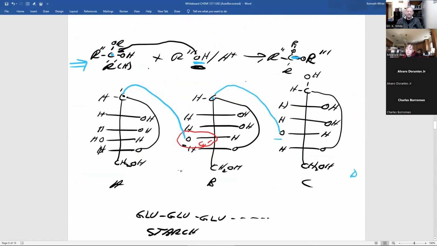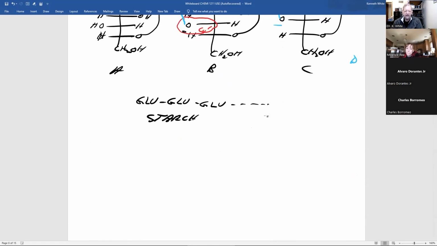Now, if we look at this right here, and again, you don't have to write it down, what bond is between the two glucose? An acetal bond. And you learned about the acetals and ketals in test number 2. So let's look at something.